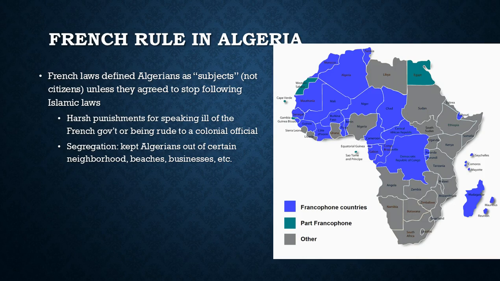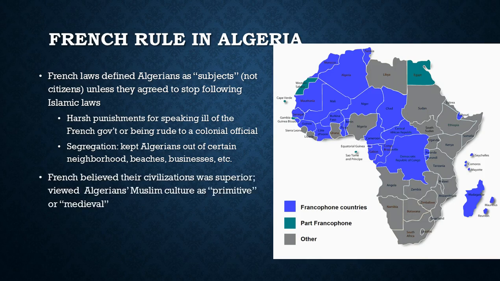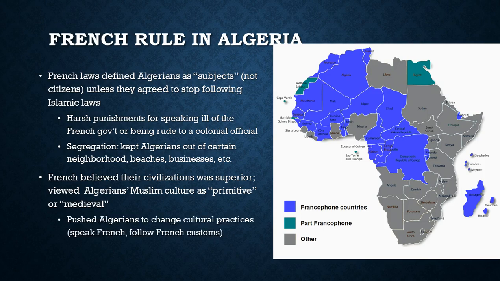However, they were French subjects, so all the laws of France still applied to them, even more harshly. The French believed that their civilization was superior to the Algerians' Muslim culture, which they viewed as primitive or medieval. They pushed at every opportunity for Algerians to assimilate or change their cultural practices. They would force them to speak French, to follow French customs, etc.